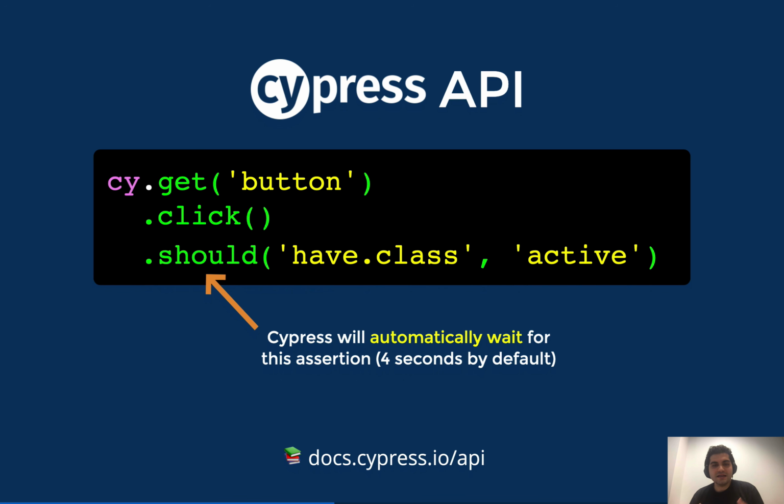I don't have to add any waits or sleeps or anything like that in my tests anymore, because Cypress will automatically check the state of the world in my app to see if this assertion will pass or not. And by default, we wait for assertions for 4 seconds. This is a pragmatic time, but it's fully configurable.